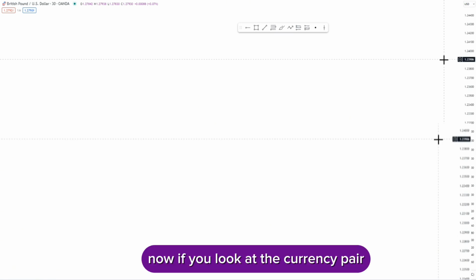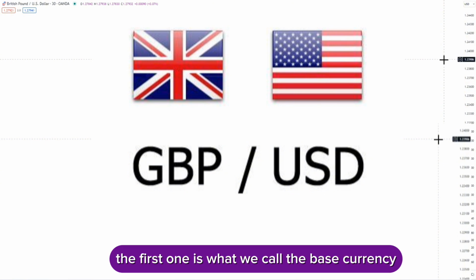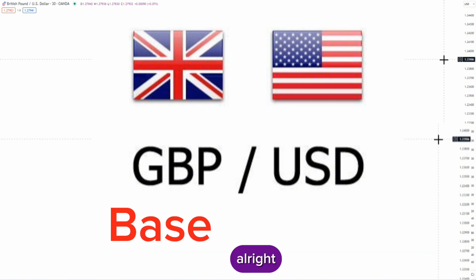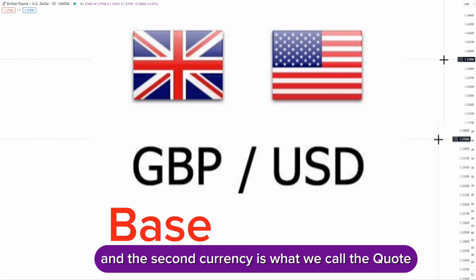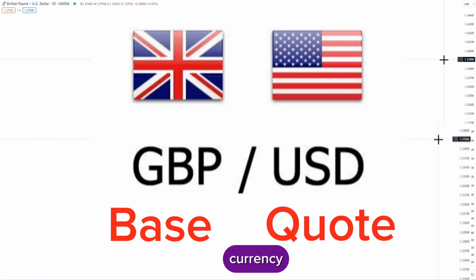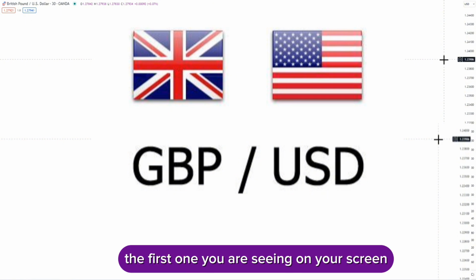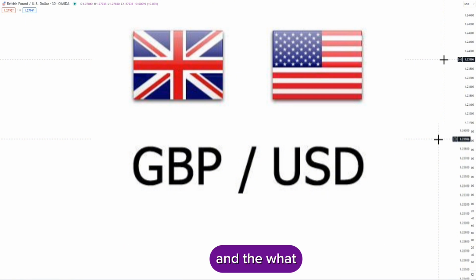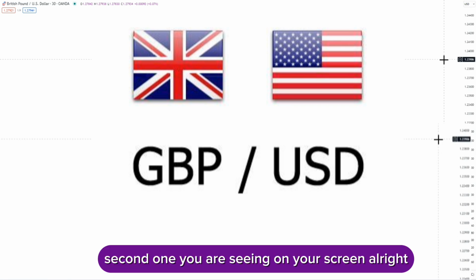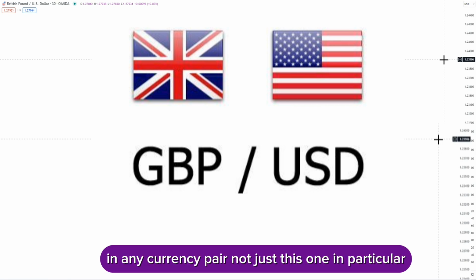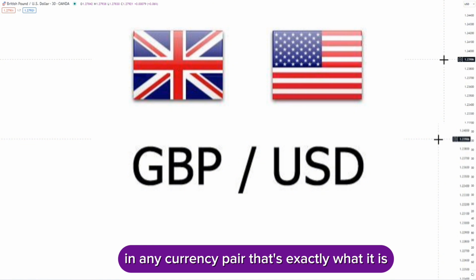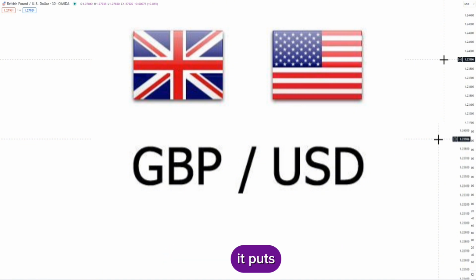Now, if you look at a currency pair, the first one is what we call the base currency. All right. And the second currency is what we call the quote currency. All right. I'll take that again. The base currency is the first one you are seeing on your screen, and the quote currency is the second one you are seeing on your screen. All right. In any currency pair, not just this one in particular, in any currency pair, that's exactly what it is. The first one is the base, second one is the quote.